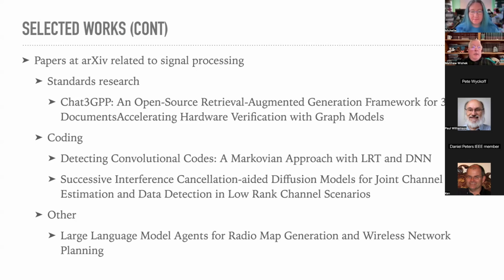And similarly, there are these successive interference cancellation diffusion models that will help for channel estimation and data detection. So again, you're using these models as part of the system design, part of the elements within the actual system. And then the last one here that I also thought was interesting is using the LLMs for radio map generation.